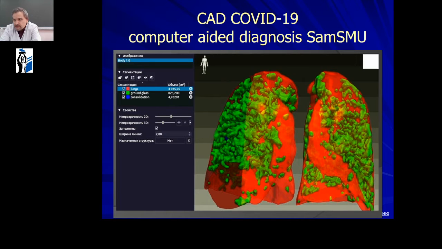This system, created on the basis of artificial intelligence, provides calculation of the percentage of lung tissue damage. Also, this system is able to calculate separately the percentage of damage by the type of ground glass opacity and consolidation.